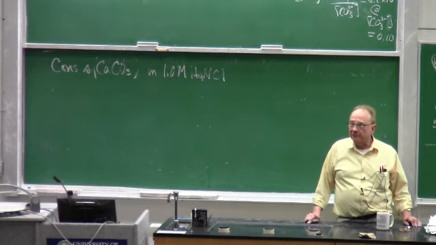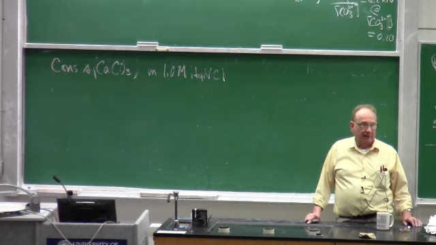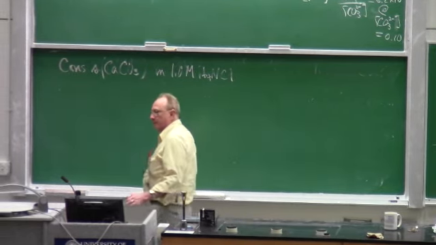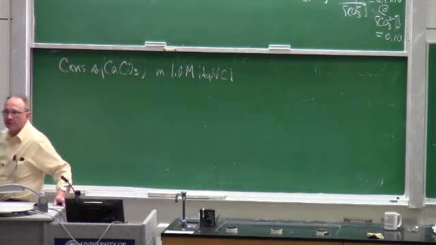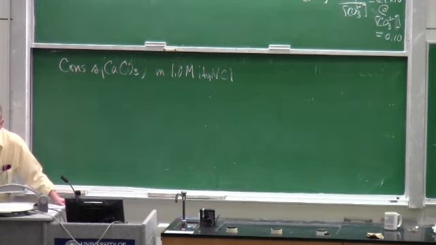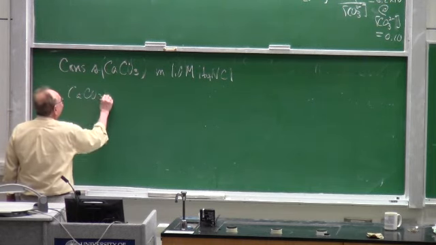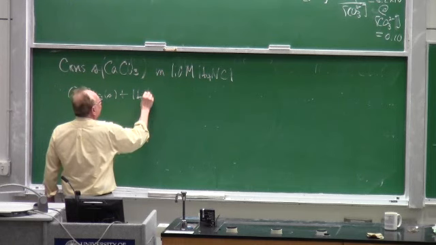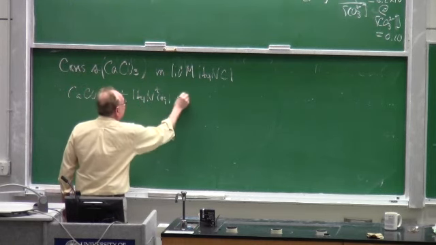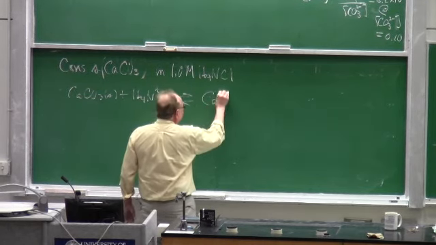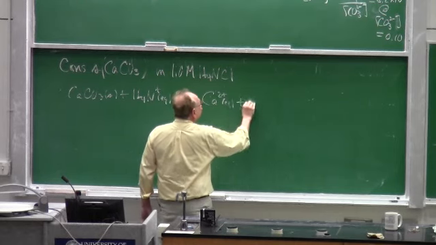I write the equation for the principal equilibrium reaction that will be established by taking calcium carbonate and saturating it in 1.0 molar ammonium chloride, with the ultimate goal being to determine the solubility of calcium carbonate. So now, calcium carbonate not with water, but with ammonium ion. That's the better acid. And it's a principal species in this solution.